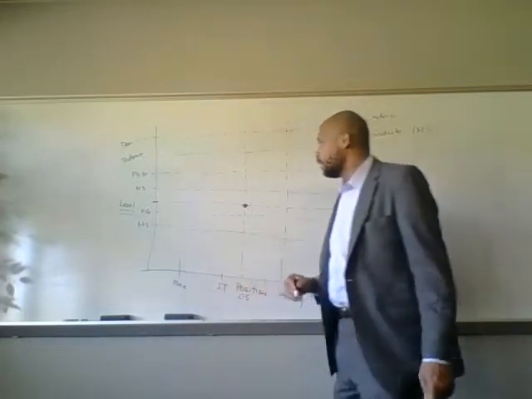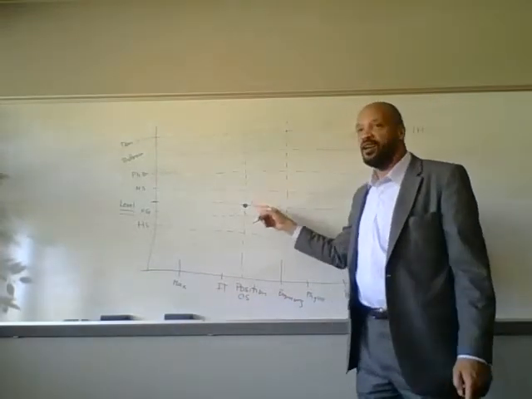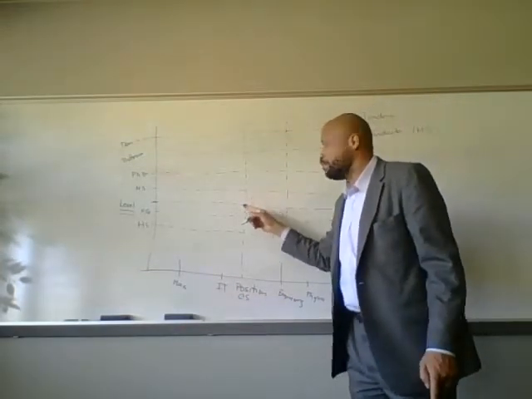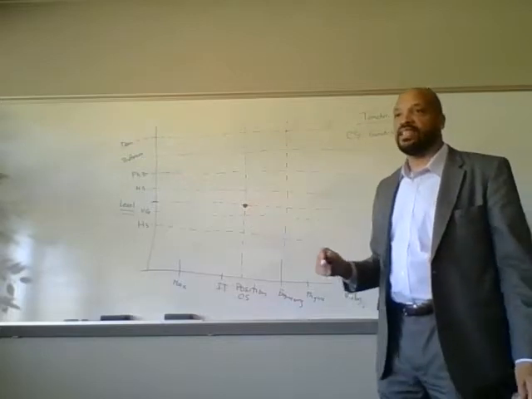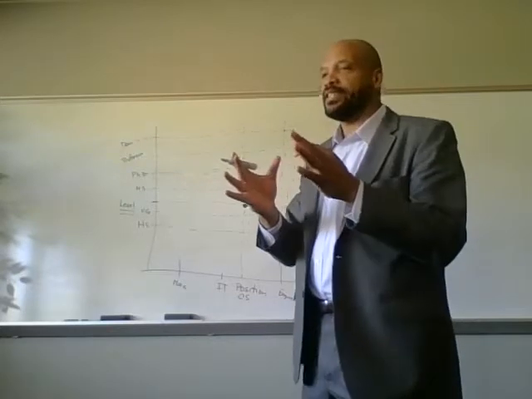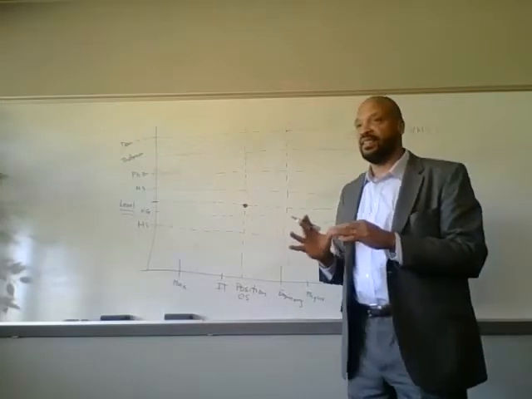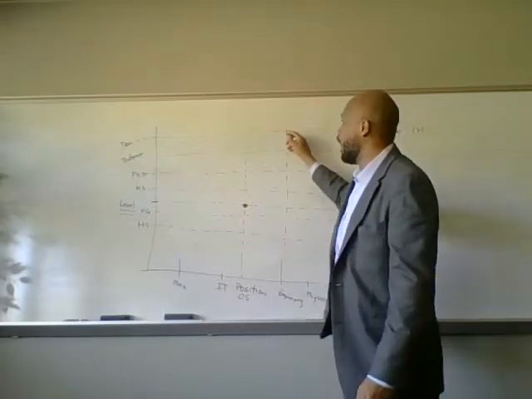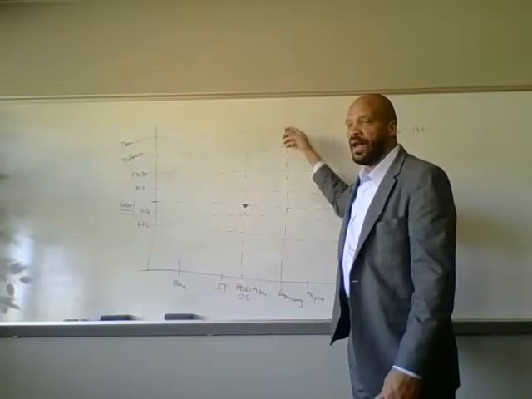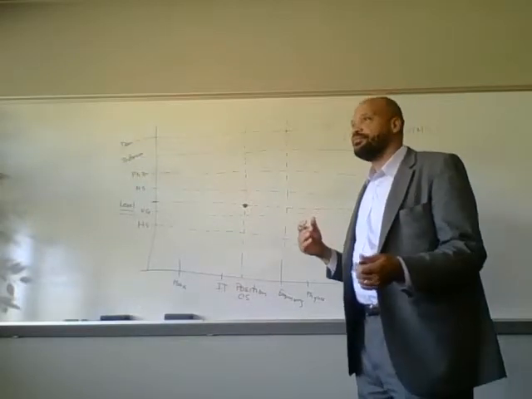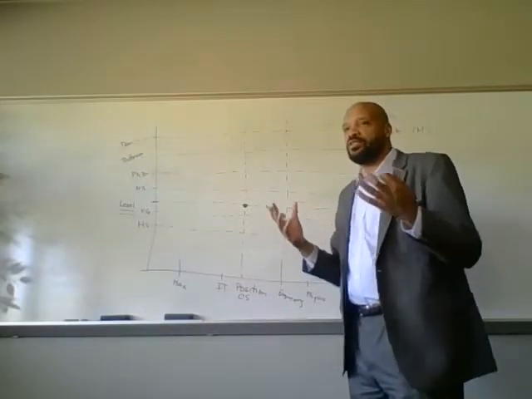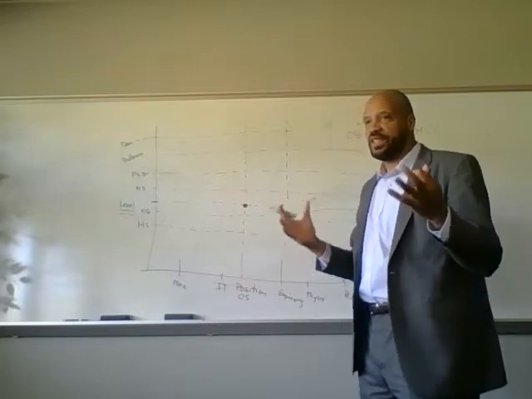Now, the size of the dot or ball is the significance of the person in that position. Because there could be a lot of people at this level, but how significant, how powerful, how much juice do they have?